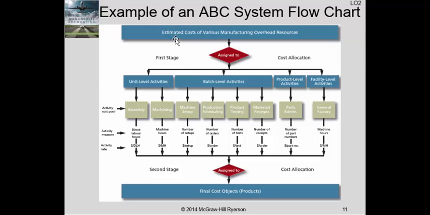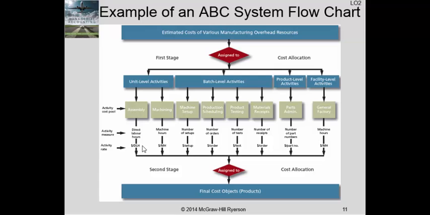We essentially estimate our total costs and then break them down by these hierarchy type of activities and into cost pools. So step one is, as we estimate the costs, we figure out what the costs for assembly are, machining, machine setup, and so on, and then we try to get a sense of the measures for each of these cost pools and how many of them we're going to have.